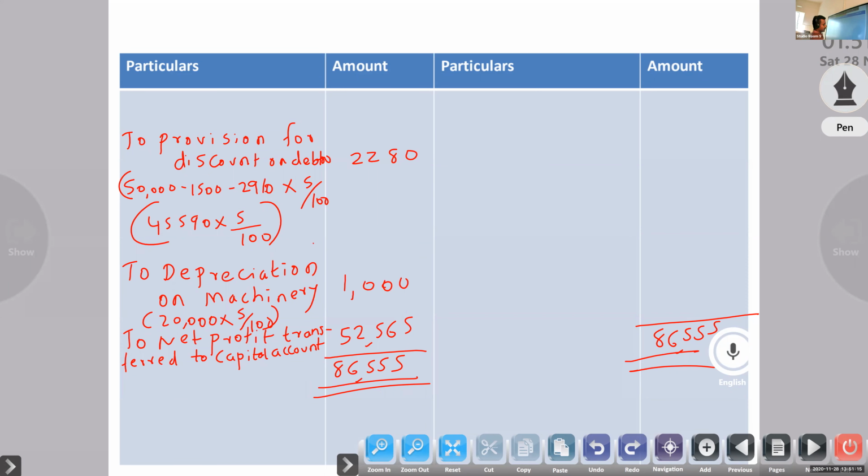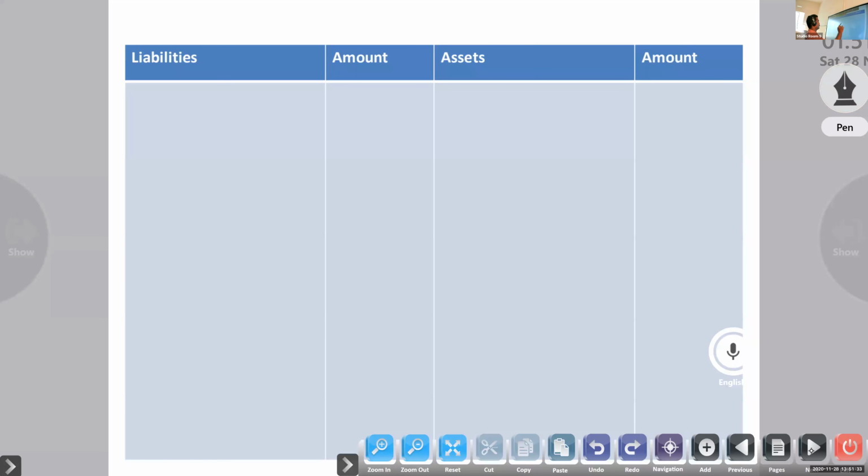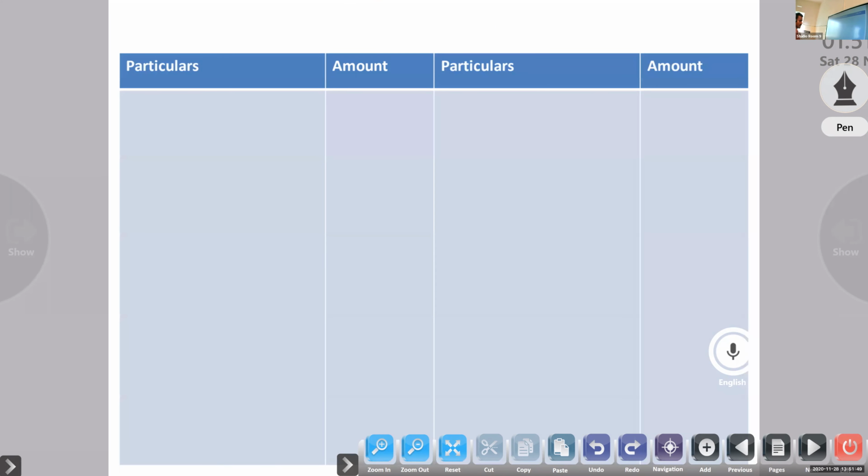Next, balance sheet. Liabilities, amount, assets, amount. Balance sheet as on 31st March 2014.